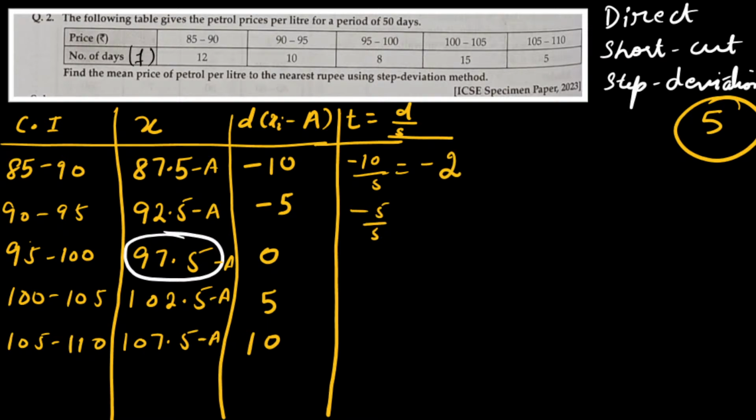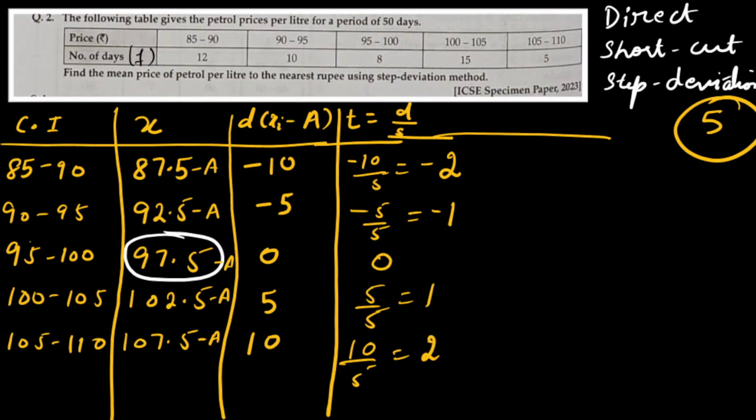Minus 5 divided by 5 is equal to minus 1. 0 divided by anything is 0 only. Now 5 divided by 5 is 1, and 10 divided by 5 is 2. So how did we find this t column? By just dividing the deviation by the class size. So minus 2, minus 1, 0, 1, 2 I have found. If anyone has any doubt, you can tell me. It's very easy.